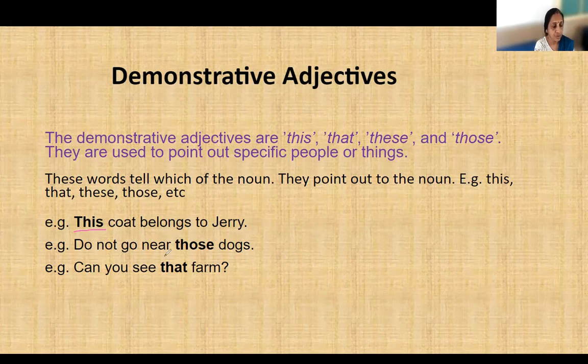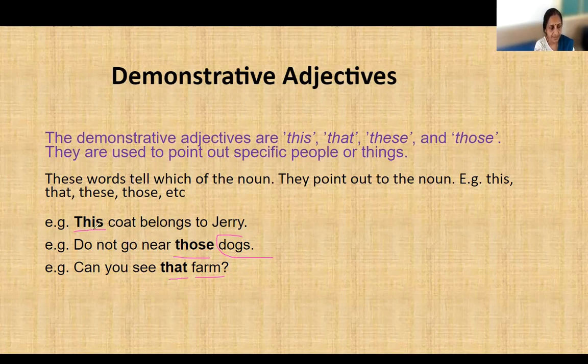Do not go near those dogs. They're pointing out which dogs? Those dogs. Can you see that farm? So again they are pointing out: this, that, these, those. You should know when to use this and when to use these.